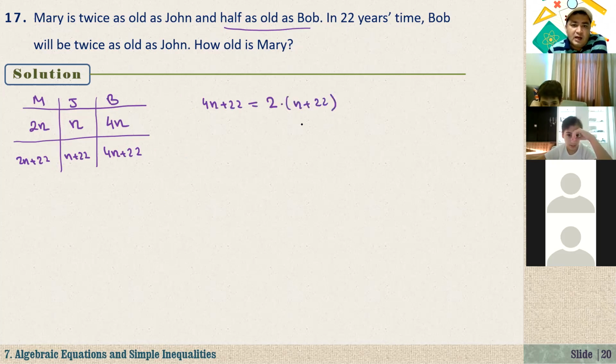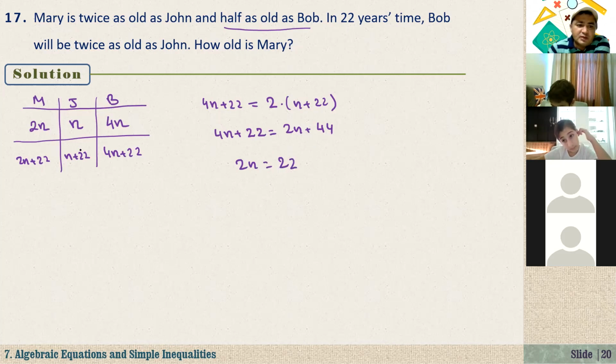Okay. That's it. How old is Mary now? Means Mary's present age. That is 4N plus 22 is equal to 2N plus 44. Take 2N to the left-hand side, that is 2N. 22 to the right-hand side, it is 22. Even I don't have to solve for this, right? Because we are looking for 2N, so that is Mary's age. Mary is 22 years old.